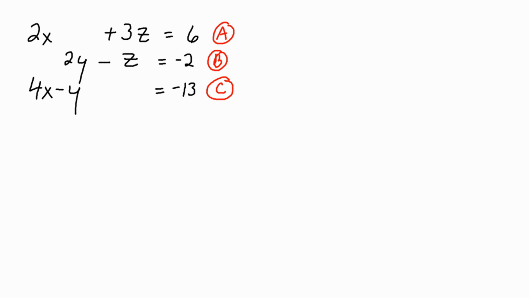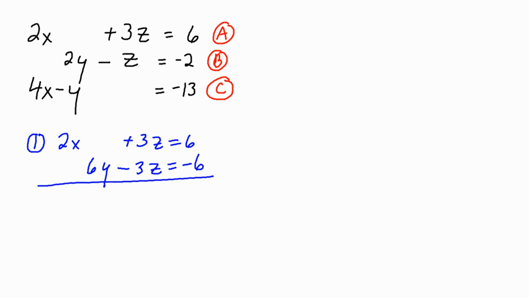If we got rid of the z, we'd have to multiply equation A by nothing and equation B by 3 so that the z's would cancel. So I have 2x plus 3z equals 6, and then multiplying by 3, 2y times 3 is 6y, minus 3 times 1z is 3z, equals 3 times negative 2 is negative 6.